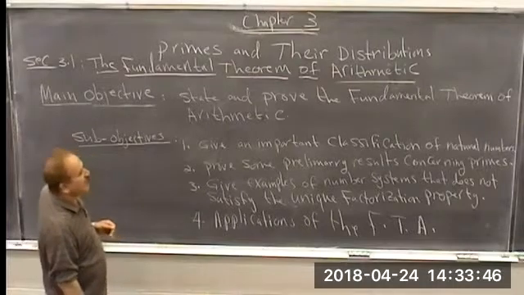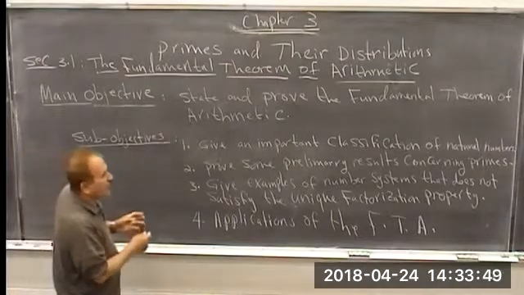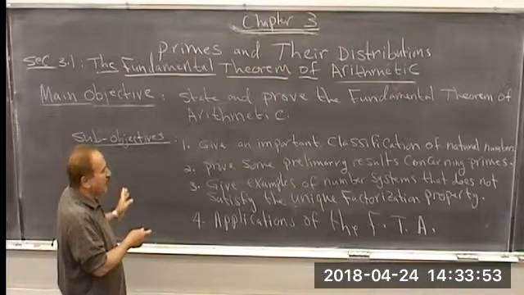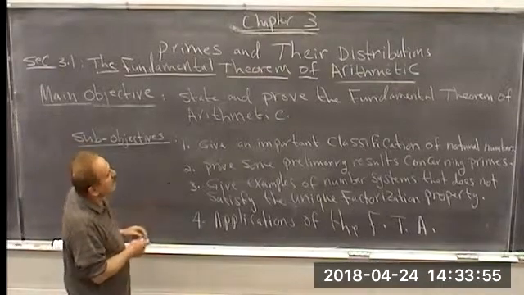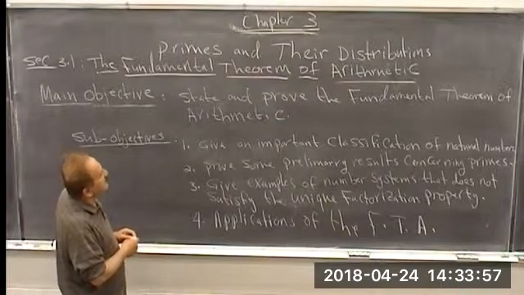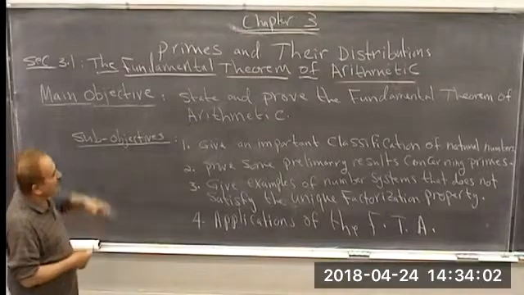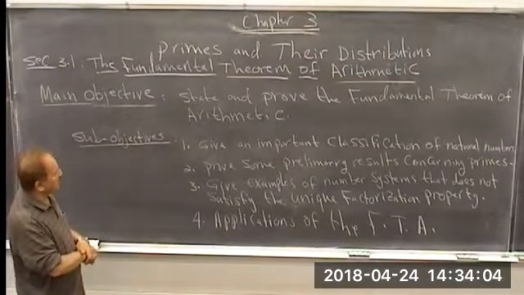Or we're going to look at two primes where one exceeds the other by 2. These are called twin primes. So we're going to study a lot of these properties.